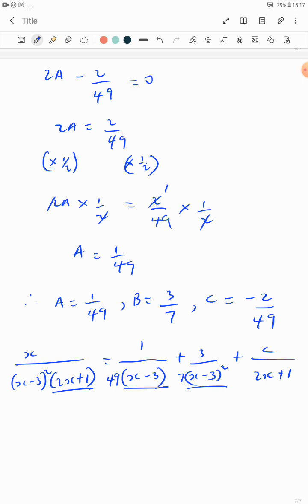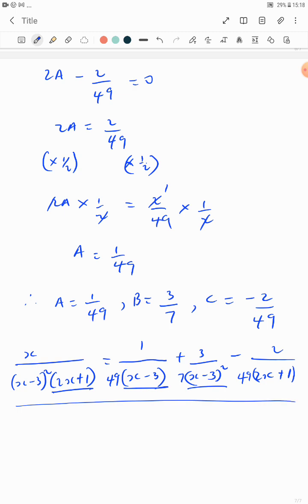And if you put your C as minus 2, obviously this will turn to minus, because minus times plus will give us minus. So that will be minus 2, and then you have into bracket 49. Okay, so this is what our partial fractions will look like.